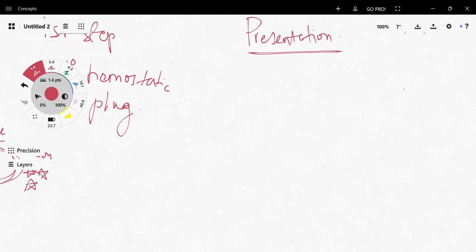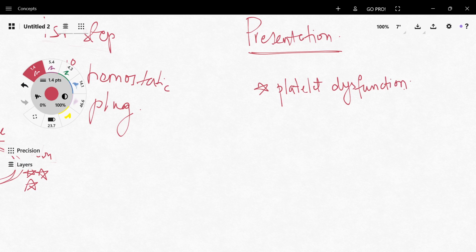Now, how would von Willebrand's disease present? It usually presents as platelet dysfunction. So the first thing that you want to remember is that in females it presents with heavy menstrual bleeding and possibly anemia because of the heavy menstrual bleeding, right?